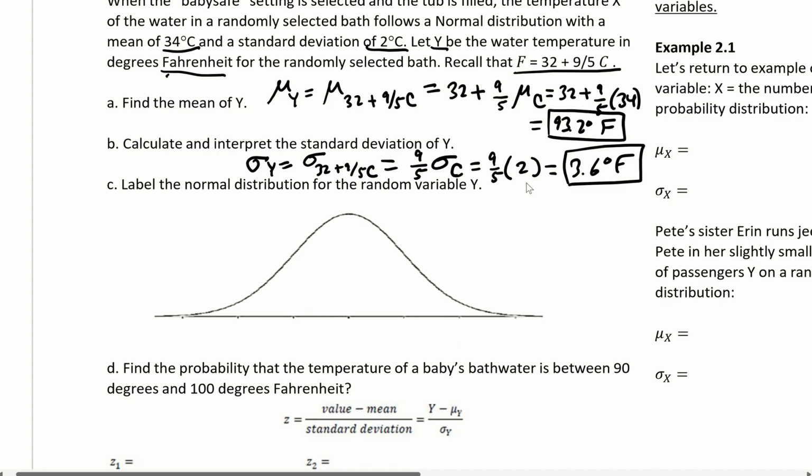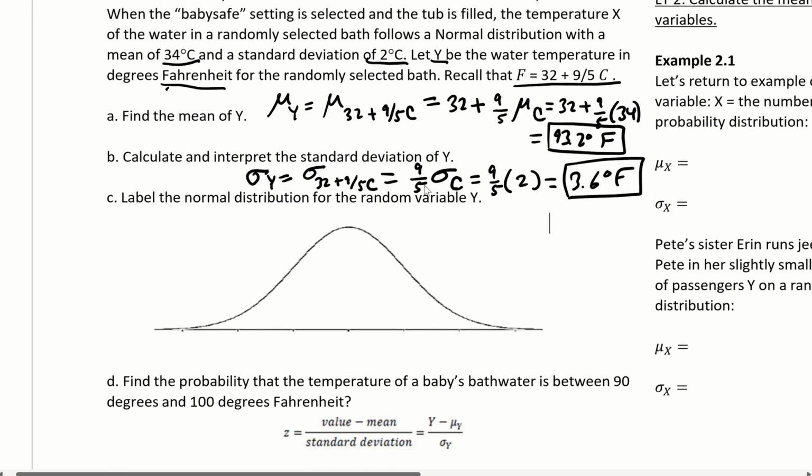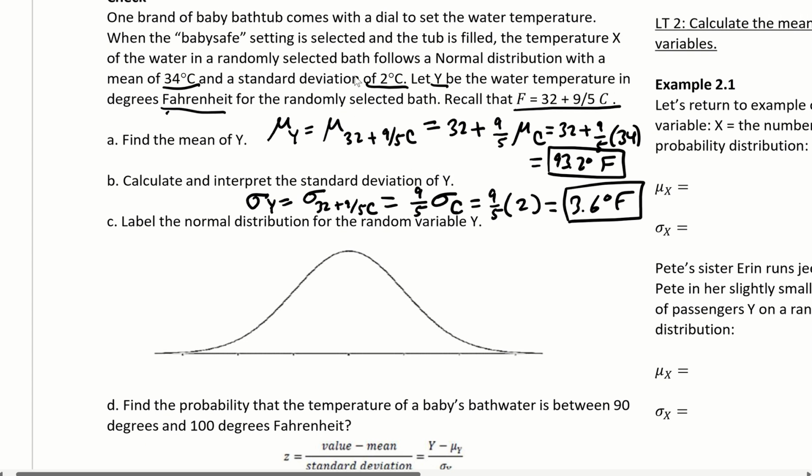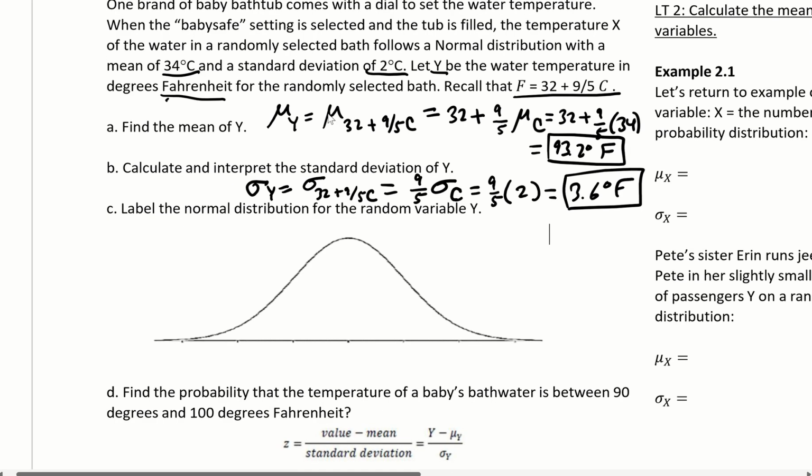All right, and then the interpretation of that: over many randomly selected baths, the temperature of the water typically varies from the mean of 93.2 by 3.6 degrees Fahrenheit.